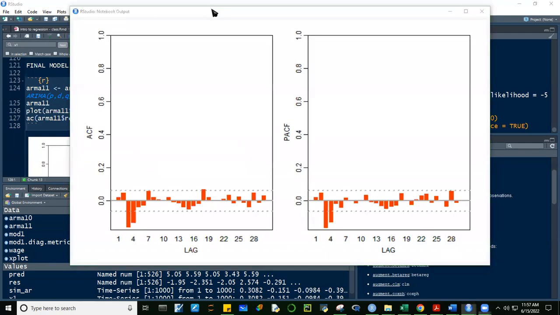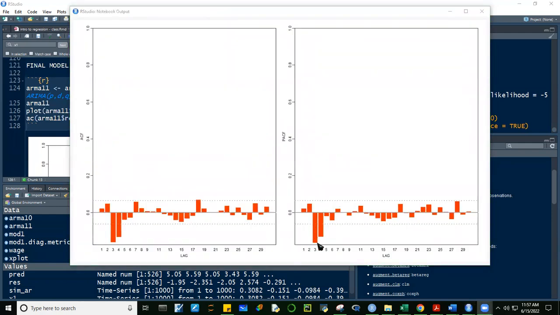Okay, sa PACF guys, kita natin, oops, may mga significant lags pa. Pag ganyan guys yung residuals natin, ibig sabihin, pwede pa natin ma-model to. So ibig sabihin, hindi pa sufficient yung model natin kasi may mga significant lags pa tayo dito, no? Pati din dito, both in the ACF at saka PACF.